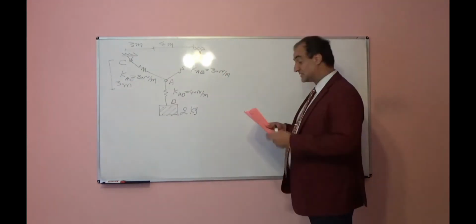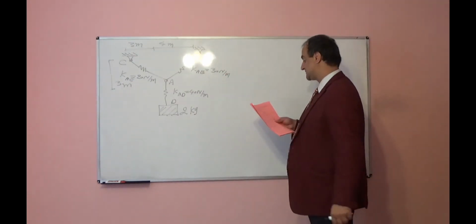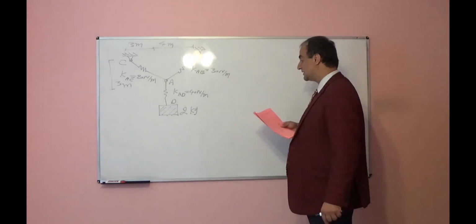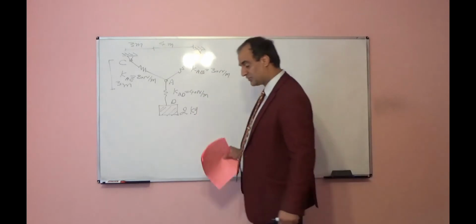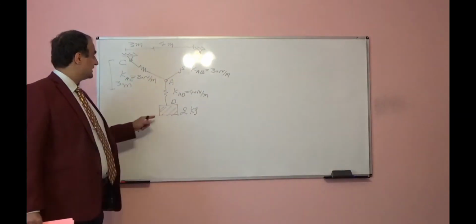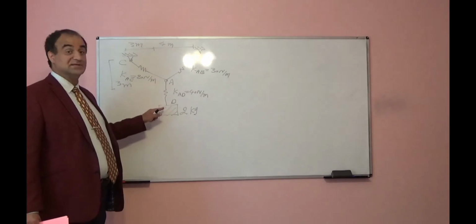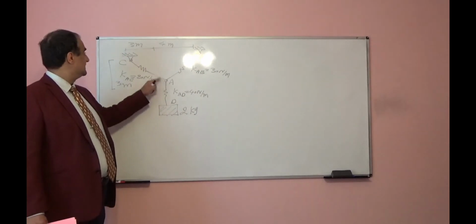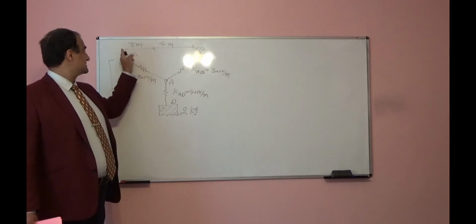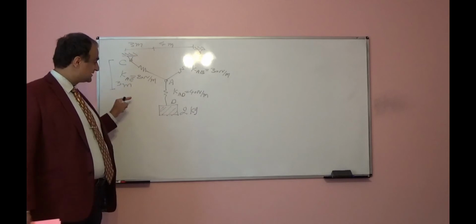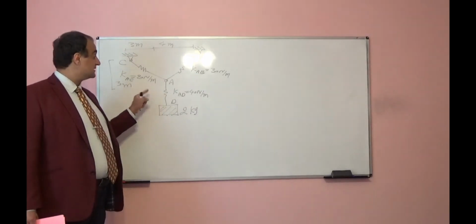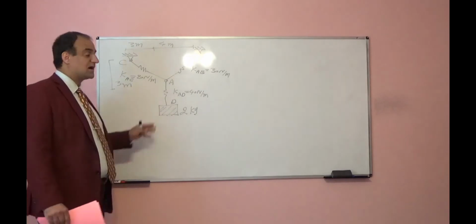The problem statement says determine the stretch in each spring for equilibrium of the 2 kilogram block. So we have a block here, the mass of that block is 2 kilogram, and we are hanging this block using 3 springs, spring AD, AC, AB. You see the distances 3 meter, 4 meter, 3 meter, and the stiffness for these springs is given.